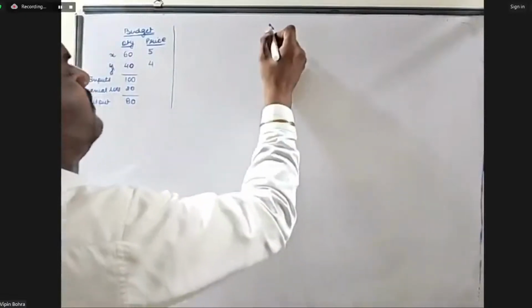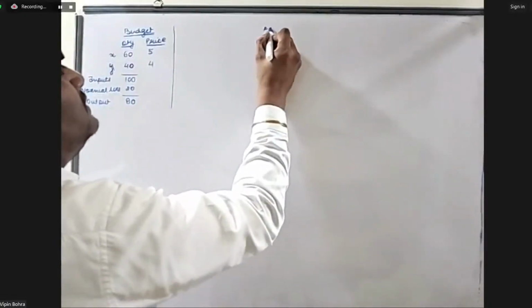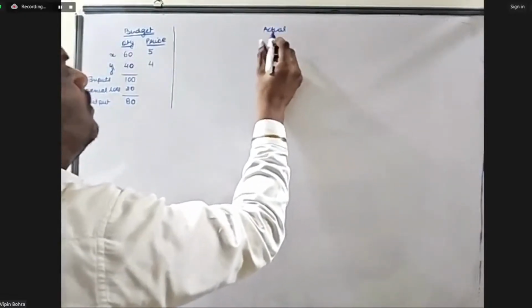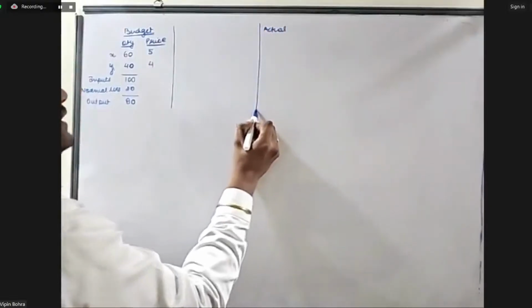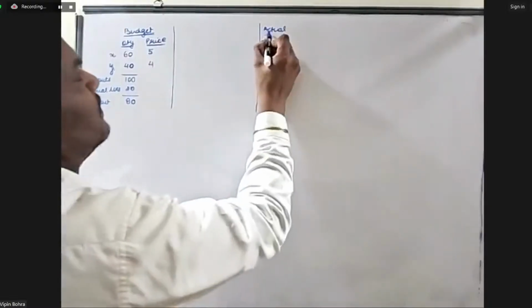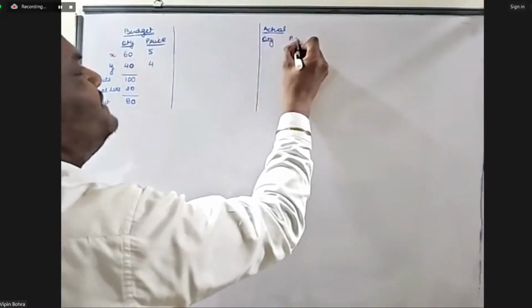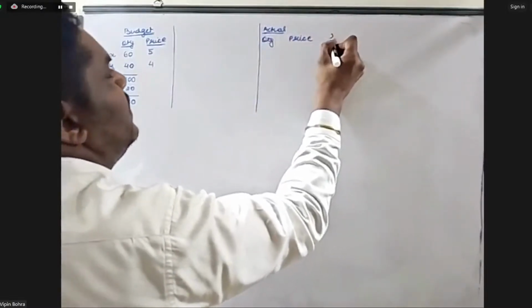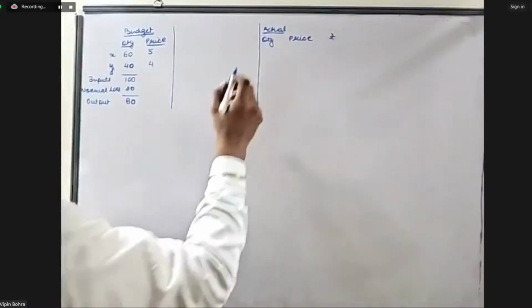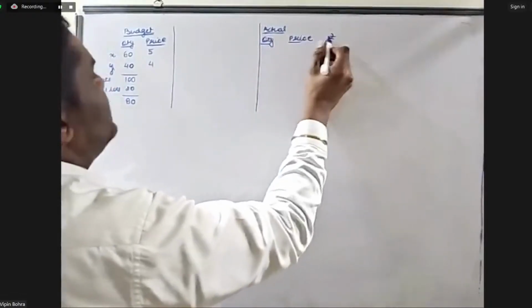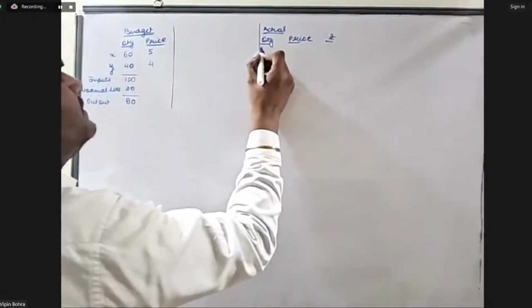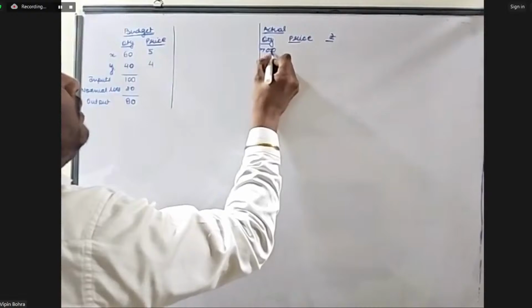Now what Mr. Mohammed will do, he will check the actual results. He will check the actual data wherein quantity consumed of X is there, price is there, and amount is there. So when talking about the quantity consumed for raw material X, it is 700.